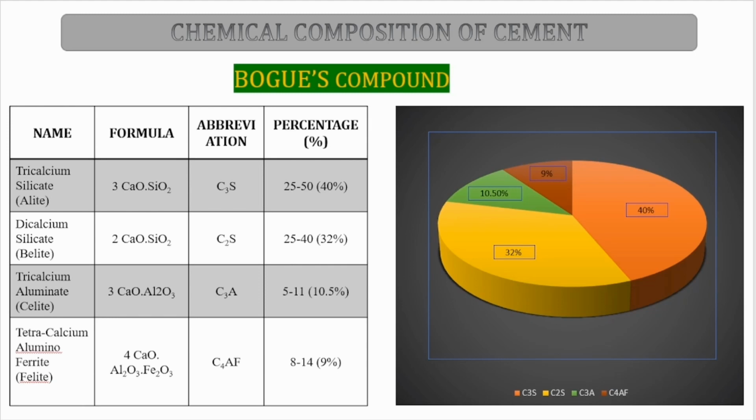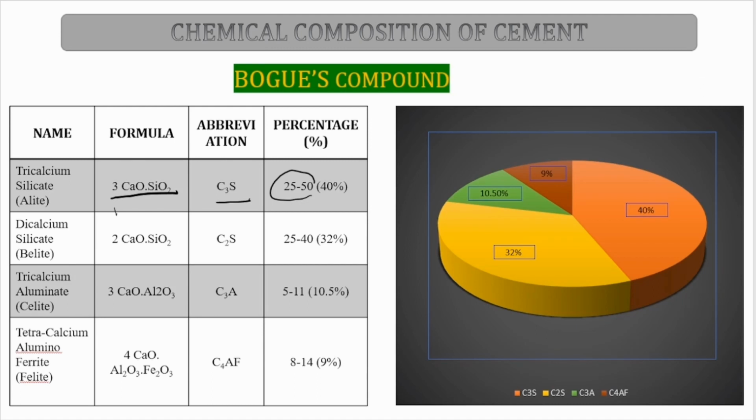So you can see over here all the Bogue's compounds mentioned in tabulated form, and you can see the percentages also in this chart with the compounds. The compound name you can see is tricalcium silicate. This alite, which I told you about in the earlier slide, was named by Bogue as tricalcium silicate. The chemical formula for this is 3CaO.SiO2. The abbreviation is C3S. And you can see the average percentage over here.